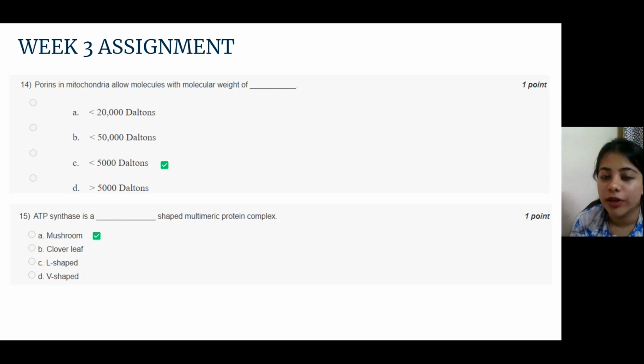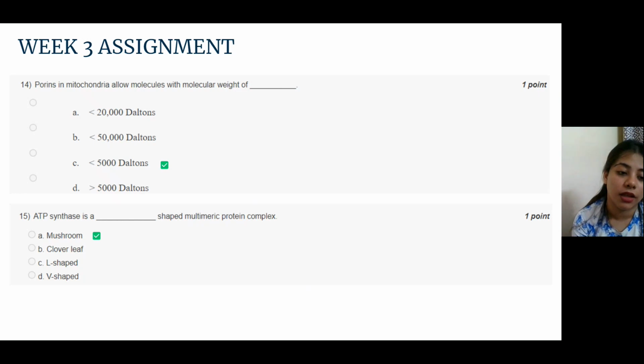The other options, clover leaf structure, is usually the terminology utilized for the structure of tRNA, which is necessary for the process of translation. It brings charged amino acids, which can be incorporated into the growing peptide, and the final protein can be formed. We have these in next week's topic as well.